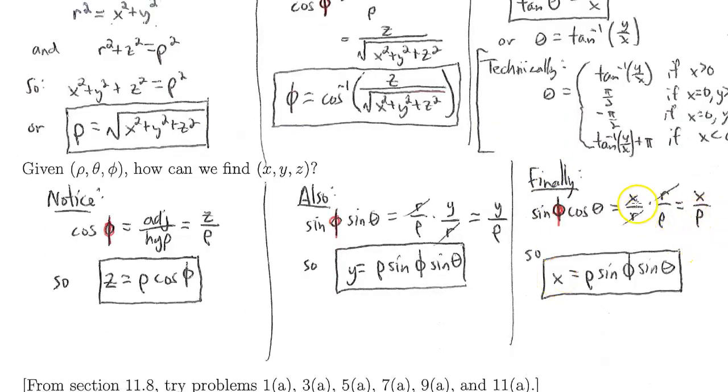I probably wrote these backwards here. This x over r should be here, and the r over rho should be here, just to avoid confusion. But the point is, I did this correctly ultimately. We divide out these r's, and what we get is x over rho. If we multiply both sides by rho, x is rho sine phi cosine theta. So we've written x in terms of rho, theta, and phi.